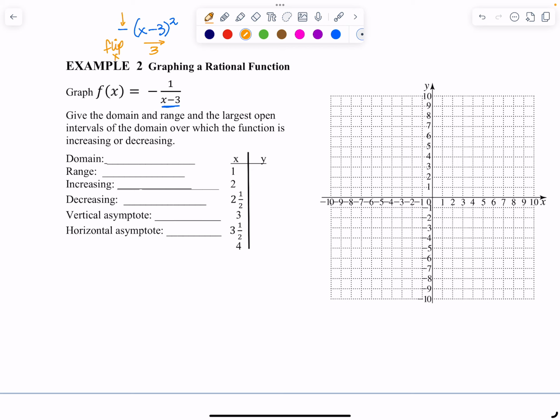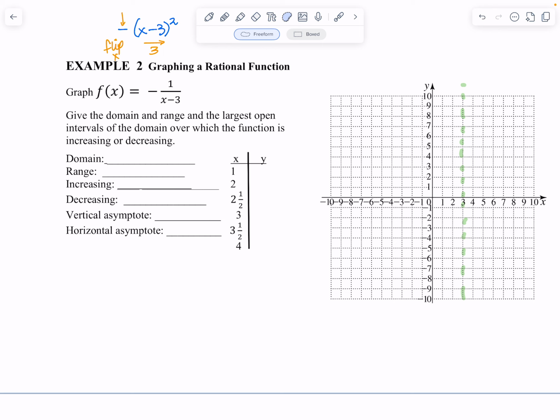Flip over the x. So let's first draw my asymptotes. That's the easiest way to start. So notice my x cannot be 3. So I'm going to draw my asymptote at 3. Again, I'm essentially taking this asymptote from here at 0 and moving it to the right 3. That's what we said we were going to do.